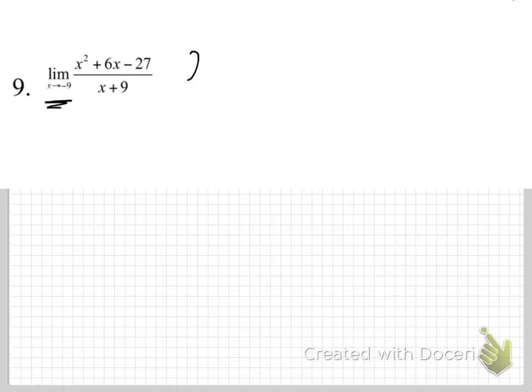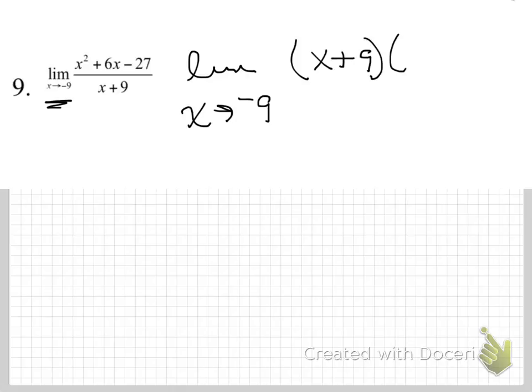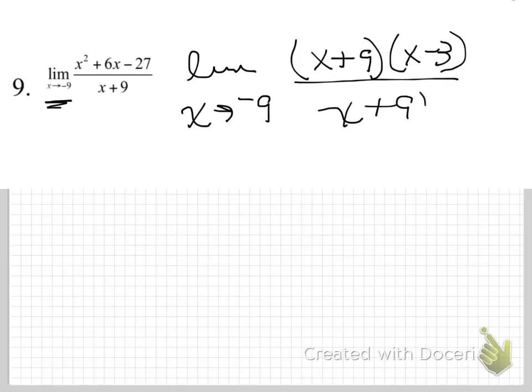I'm still taking the limit as x approaches -9, and factoring the numerator, I want 9 and 3, so x plus 9, x minus 3 is my numerator in factored form, and then x plus 9 in the denominator. Okay, I have a removable discontinuity right here at x equals -9.